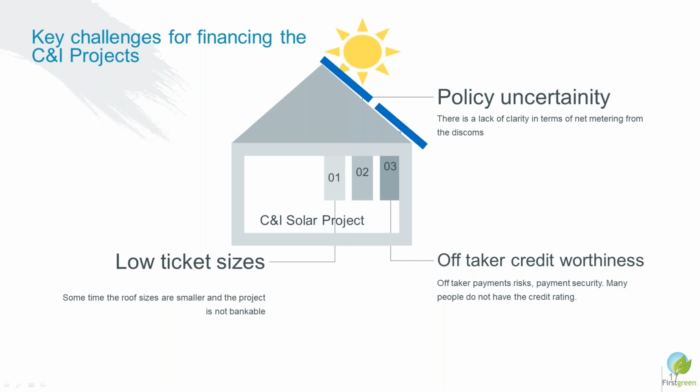These small MSME industries don't do ICRA credit ratings and all that. So the project is available, the developer wants to do the installation, the off-taker wants the installation done, but the finance is not available, just because according to the funding agency, the client's creditworthiness is a challenge. This is yet another issue while implementing a solar project.